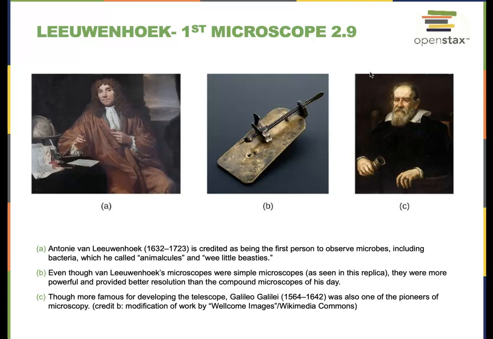Back again to our microscope people, Leeuwenhoek and the first microscope. This little guy here, if you read comment B, even though Van Leeuwenhoek's microscopes were simple, they were powerful and had better resolution than compound microscopes of this day. So he did a better job.